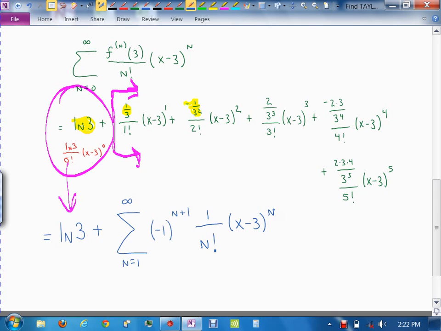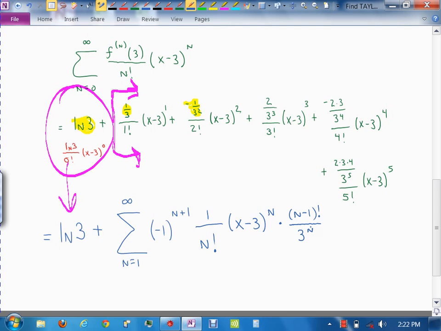So times n minus 1 factorial over, now I need 3 to these powers, 3 to the first, then 3 squared, then 3 cubed, so 3 to the n. That's it. Check it yourself.